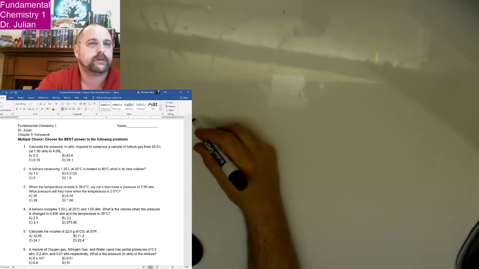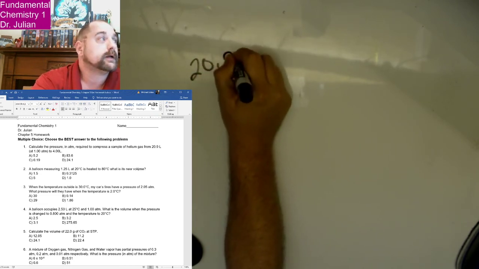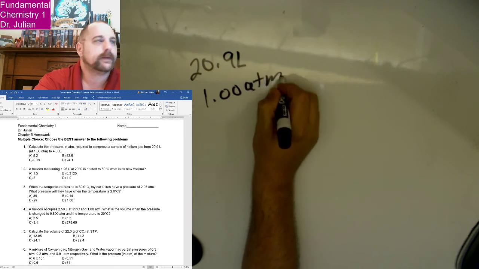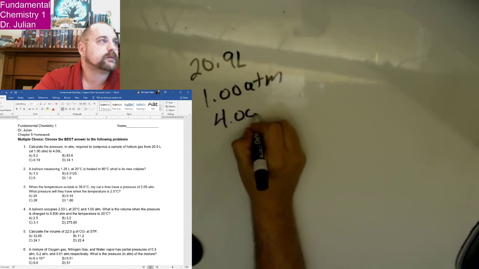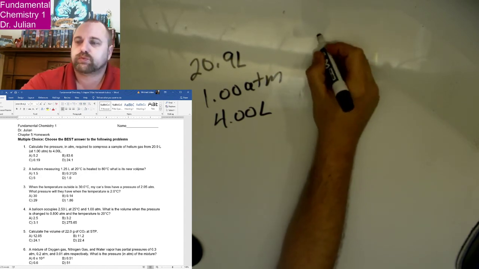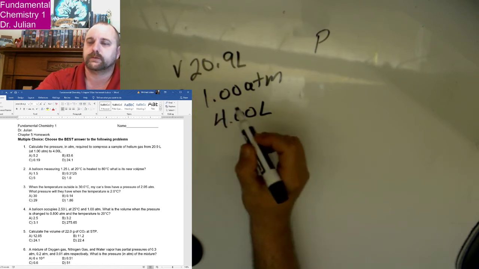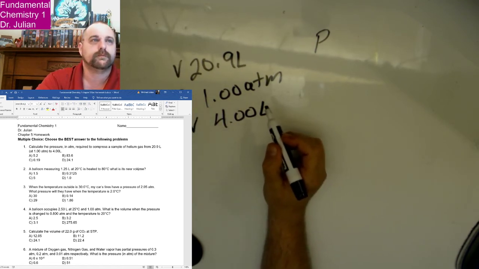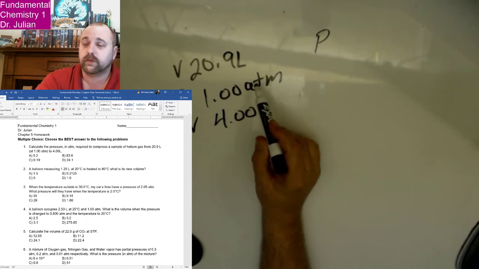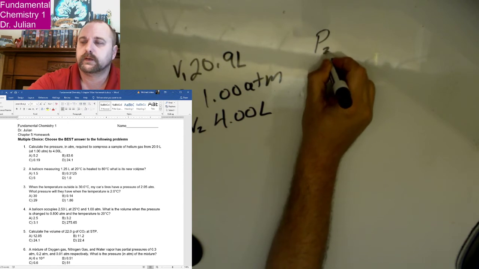I got all kinds of stuff. So I'm going to start with my 20.9 liters, 1.00 ATM, 4.00 liters. And it wants to know pressure. So this is volume, this is pressure, this is volume. 20.9 went with the 1. I'll put 1s with those and a 2 with this.